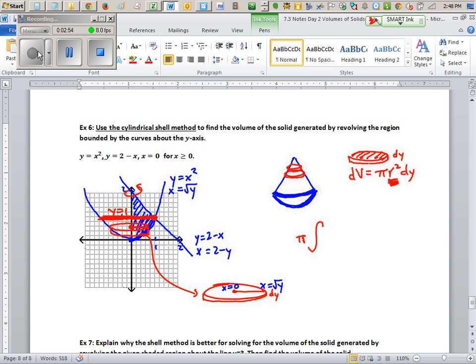Okay? So we're going to go from y equals 0 to y equals 1 using these disks. Pi r squared dy, where r is just the length of this blue segment right here. So this is the radius, and it is root y minus 0. That's the length of it, root y minus 0.